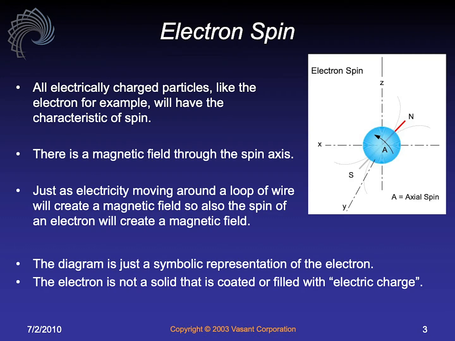This slide just gives a kind of a classical explanation of the electron. It's not blue, it's not a ball, it's just a symbolic representation. It has spin, and because of its spin, the spin motion of that energy, you might consider it the Poynting vector. It's at right angles to the direction of the magnetic field and the electric field. That motion is what causes the development of the magnetic dipole through the electron, and that's its spin axis that it goes through.